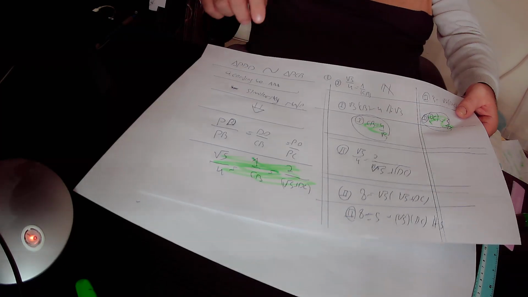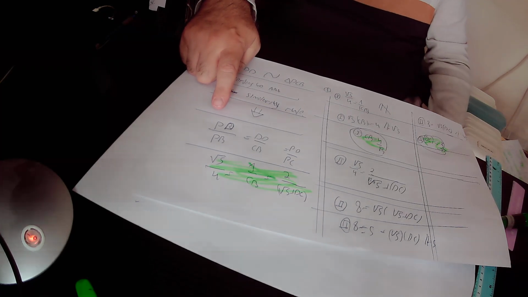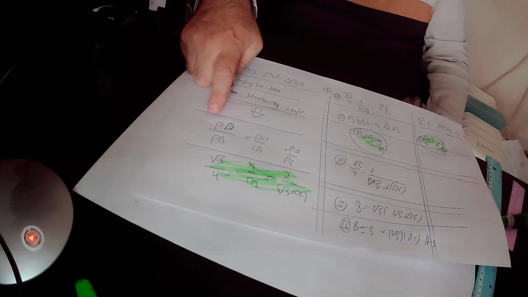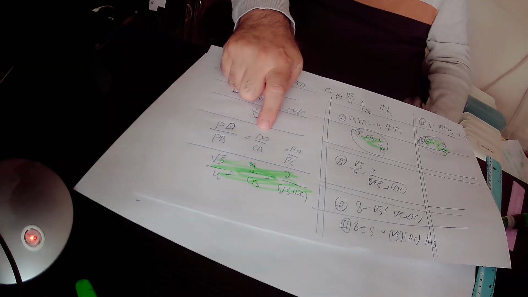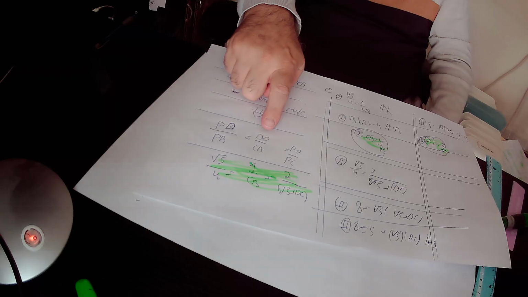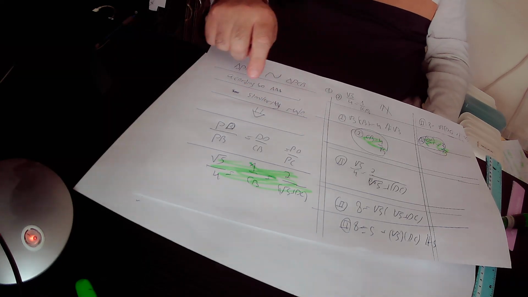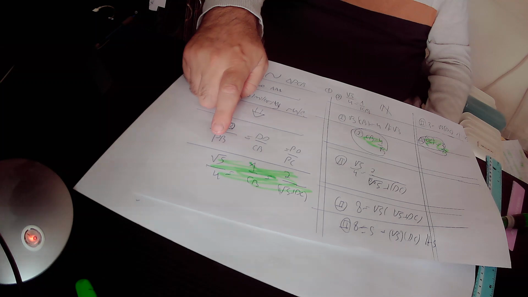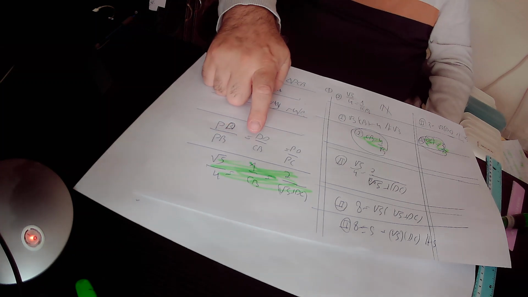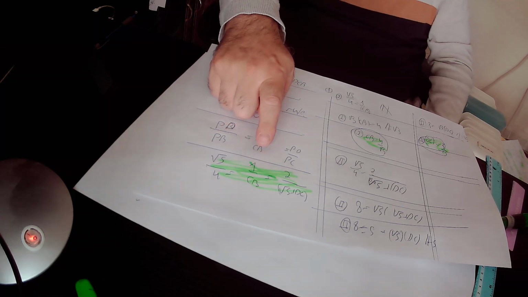Side PD of the small right triangle over side PB of the big triangle equals side DO of the small triangle over side CB of the big triangle, and it also equals side PO of the small triangle over side PC of the big triangle. PD is equal to root 5, PB is 4, DO is 1, CB is the missing side, and PO is 2.